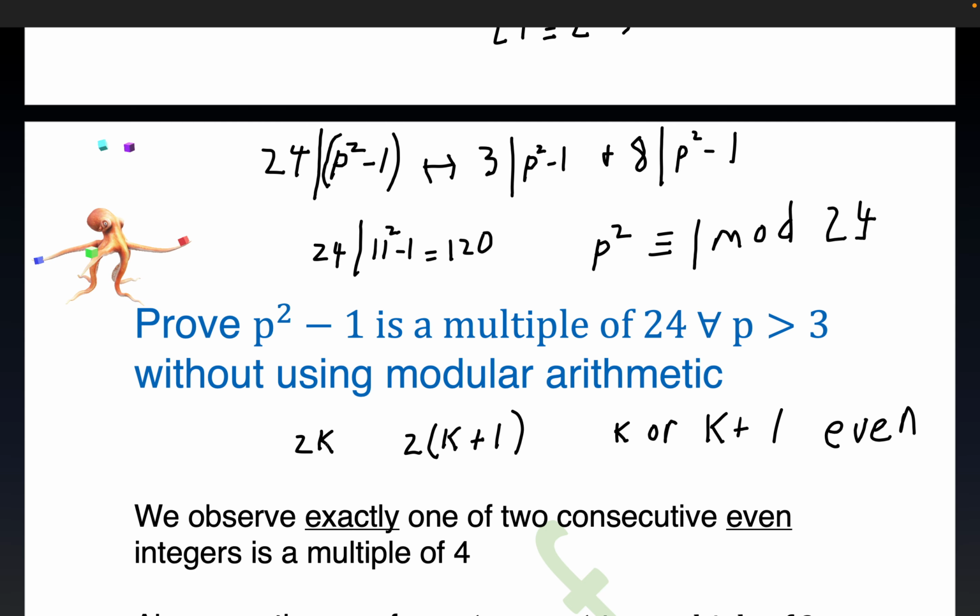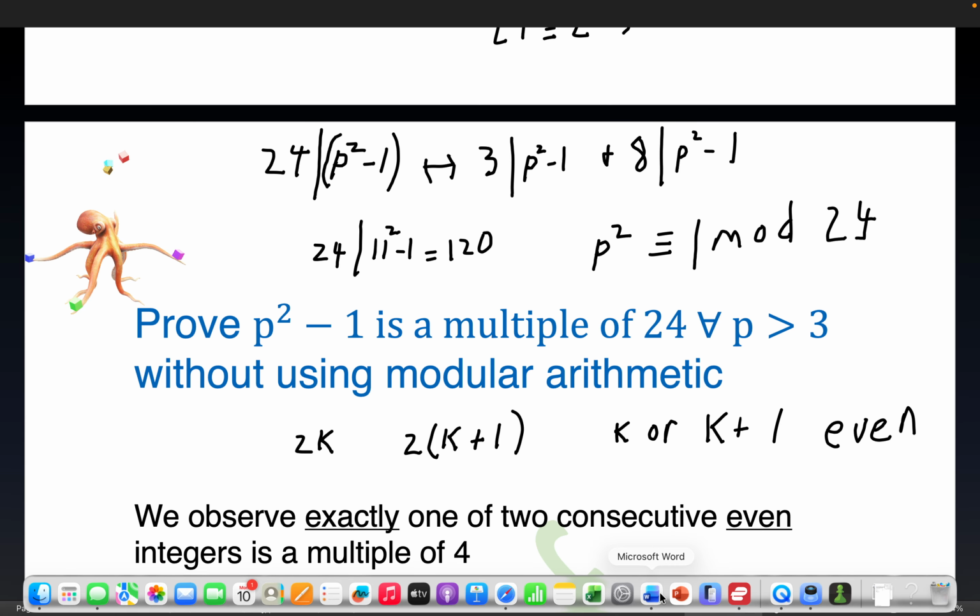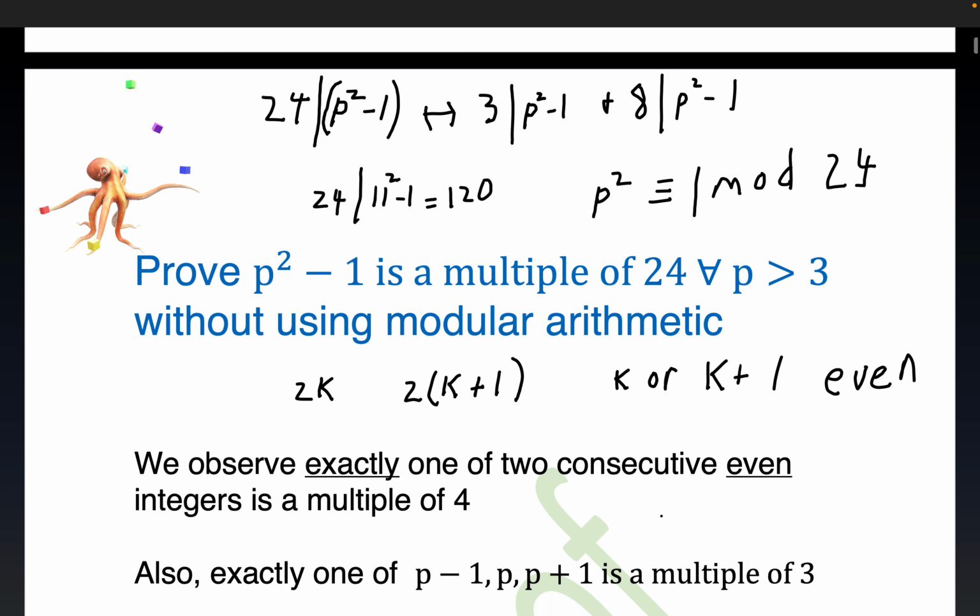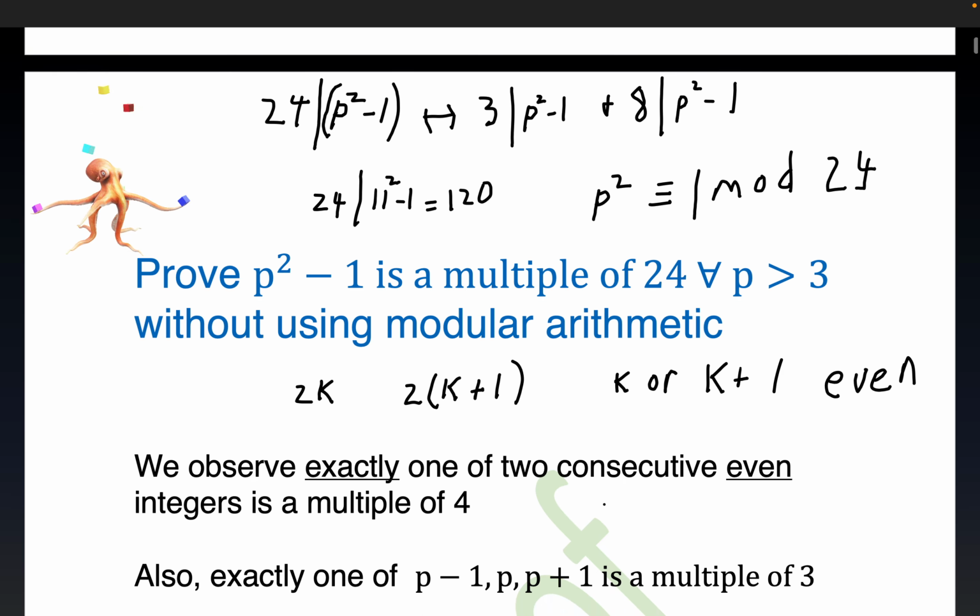Okay, so that turns out to be important because, remember, we are looking at, note that p squared minus 1 is equal to (p minus 1)(p plus 1). That's why we're taking this path.